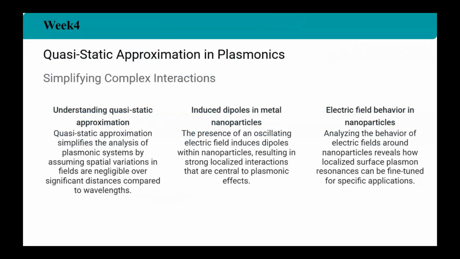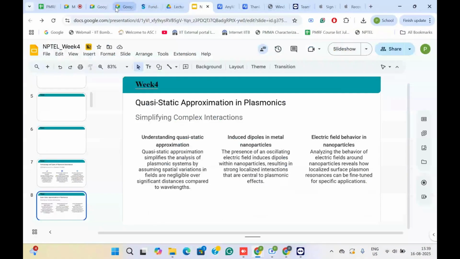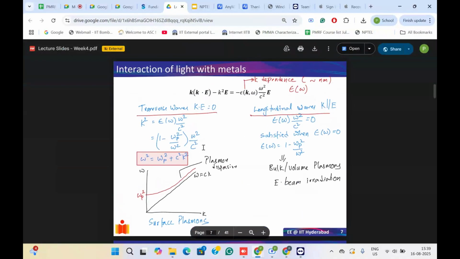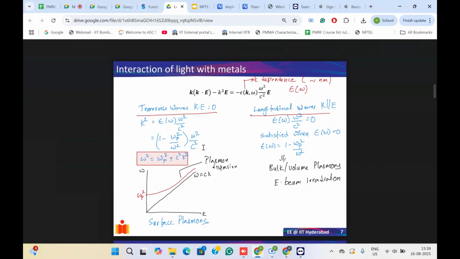This is our Maxwell equation: k(k·E) minus k square E equals minus epsilon as a function of k and omega, times omega square by c square, E. Now we can see that this permittivity epsilon has a k dependence.